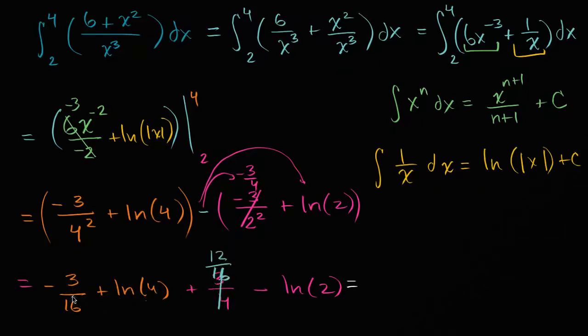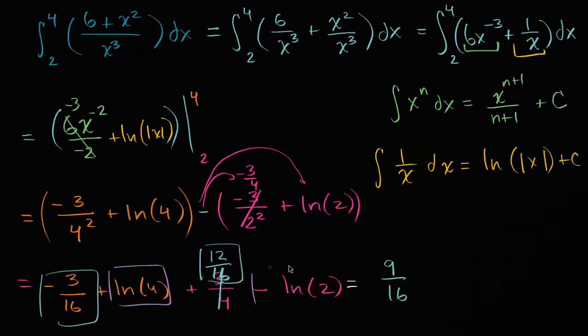And so you have negative 3/16 plus 12/16 will give you 9/16. And then we're going to have the ones that do involve the natural log. Natural log of 4 minus the natural log of 2. So we could write this plus the natural log of 4 minus the natural log of 2.